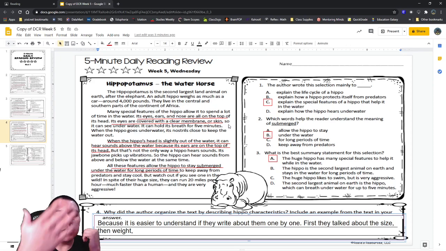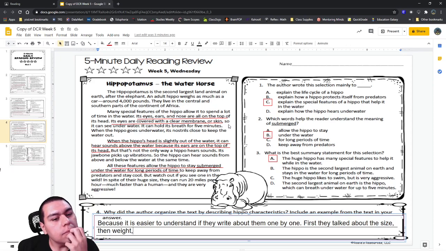If you wanted to look at something, you can't put your hand up to it and see it. You have to look at it with your eyes. So the next thing they tell us about is the eyes.